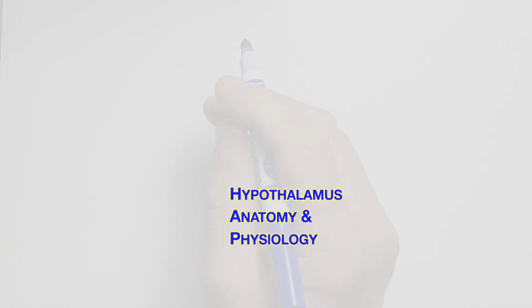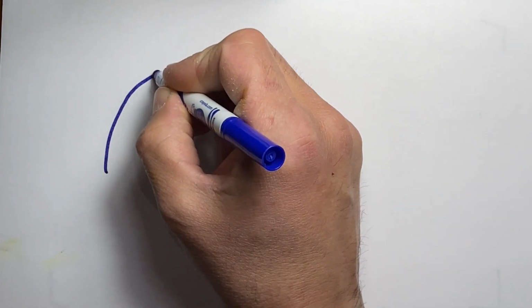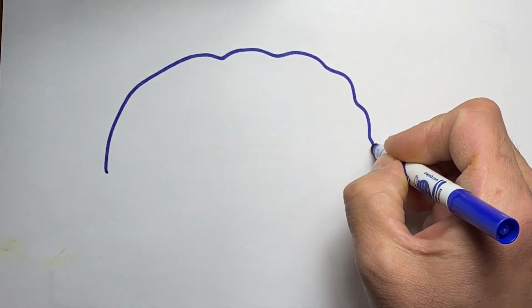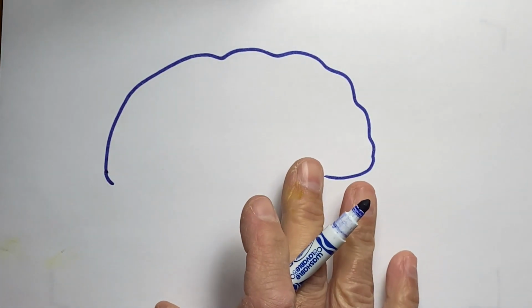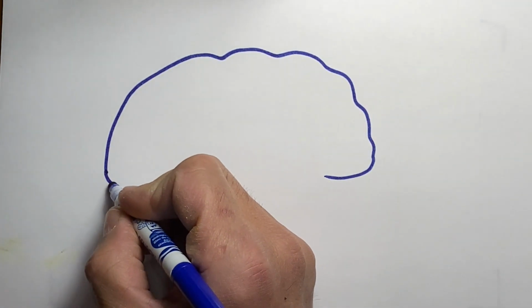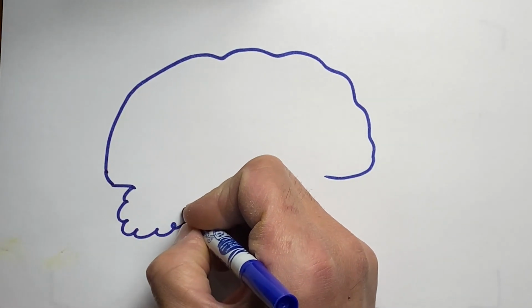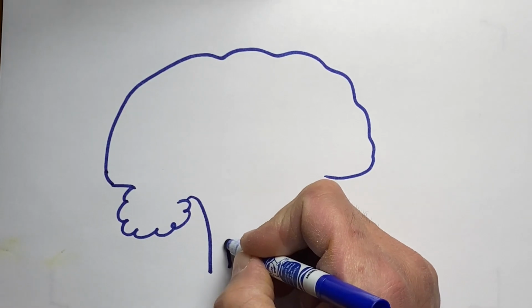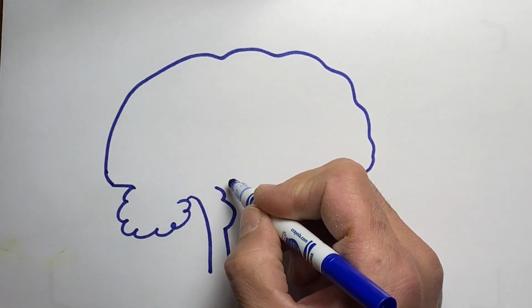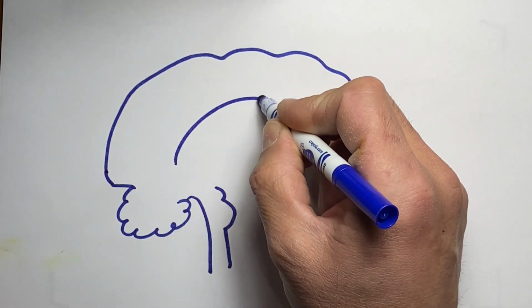What I want you to know about the hypothalamus is that it is part of the brain. So you have this, my version of the brain, right? So this is the cortex. Here's the cerebellum, hangs from the bottom of the brain like a bell. There's the brain stem. And you have the corpus callosum.